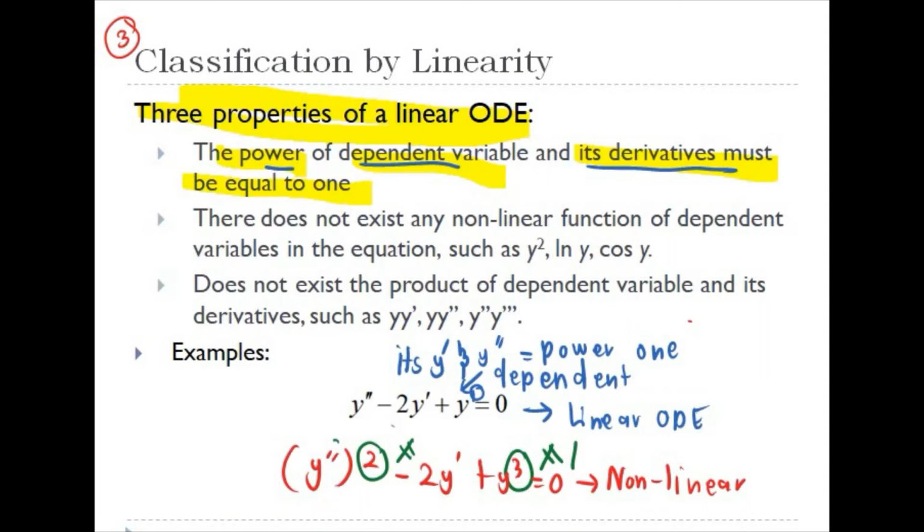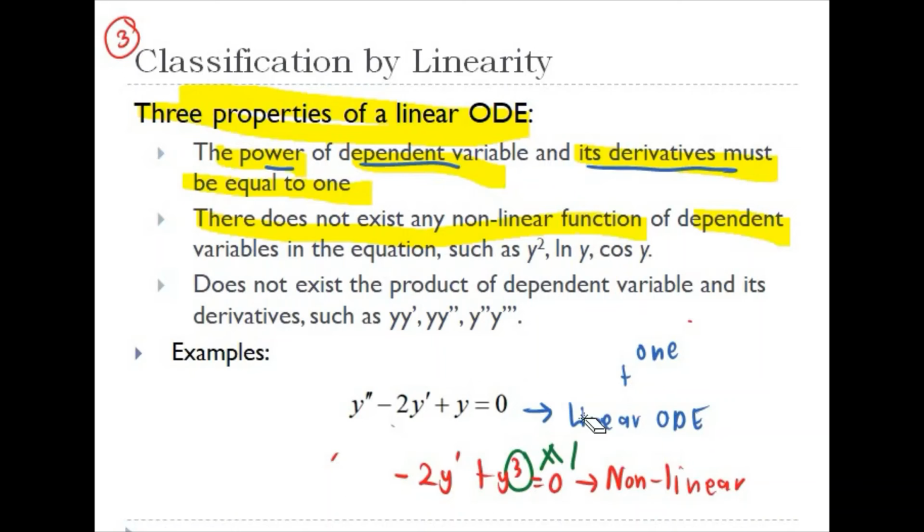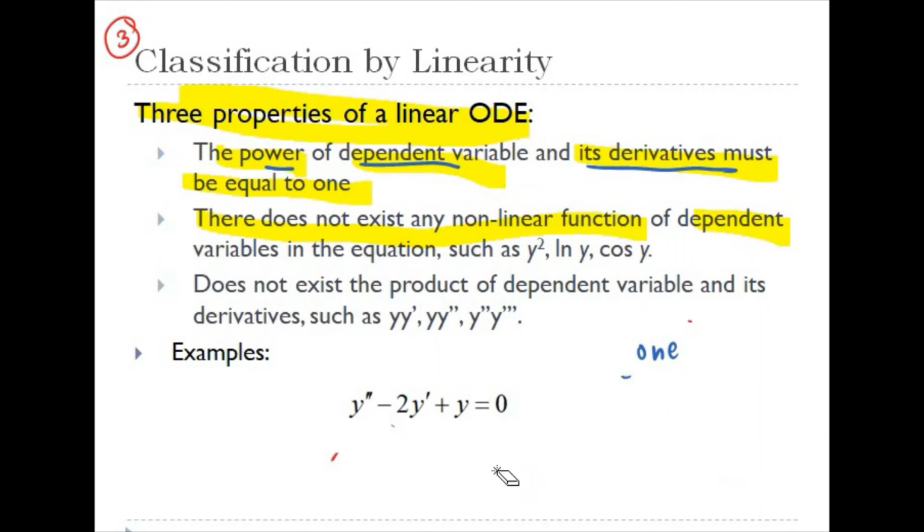The second property is that there does not exist any nonlinear function of the dependent variable. What does it mean? Look back at your example. As we know, a linear function is a function where the power of y is equal to 1, y equals mx plus c.